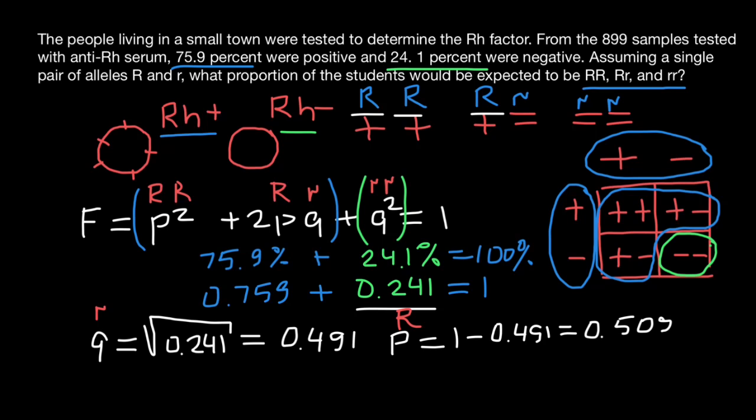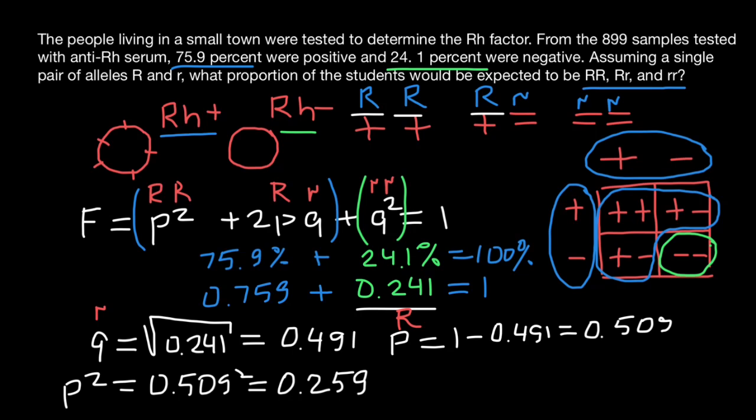Now we find the frequency of the homozygous dominant genotype, which is p squared. The frequency of the dominant R allele is 0.509, so 0.509 squared gives a frequency of 0.259. Now let's find the frequency of the heterozygous genotype, which shows the dominant phenotype but has a recessive allele.